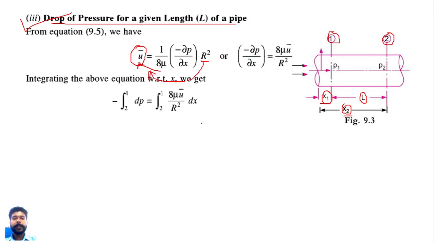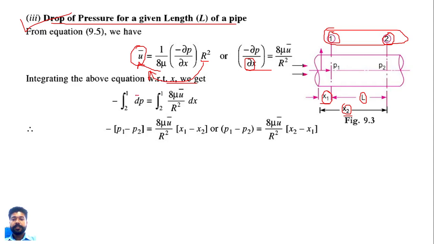Okay, so let us integrate this term with respect to x, that is the x direction horizontally. So by integrating with respect to x, we are integrating from cross section 1 to 2 del p, that equals integral from 1 to 2 of 8 mu u bar by r square.